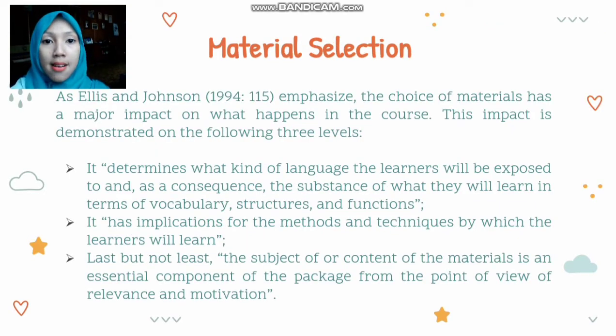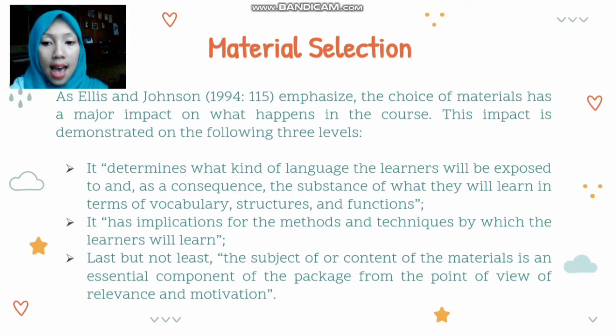Next, material selection. As Ellis and Johnson 1994 emphasized, the choosing of materials has a major impact on what happens in the course. This impact is demonstrated on the following 3 levels. First, it determines what kind of language the learner will be exposed to, and as a consequence, the substance of what they will learn in terms of vocabulary, structure, and function.